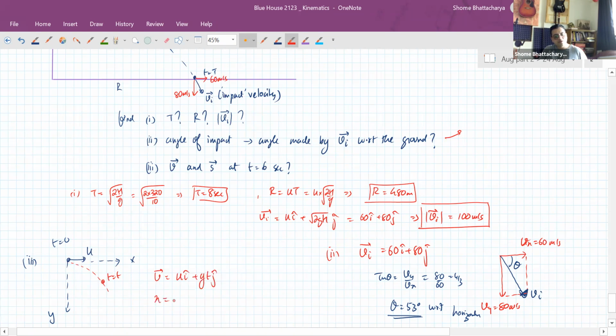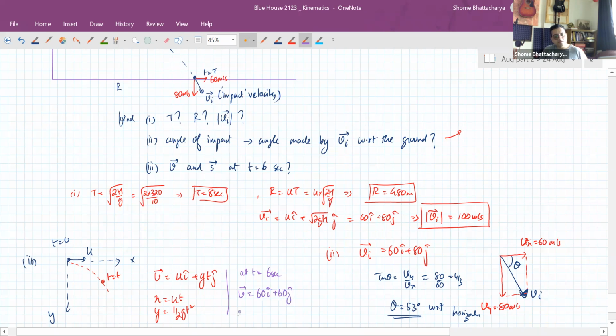The x coordinate is ut, the y coordinate is half gt square. So we can see from this that at t equal to 6 seconds, the velocity vector would be 60 i cap plus 60 j cap.